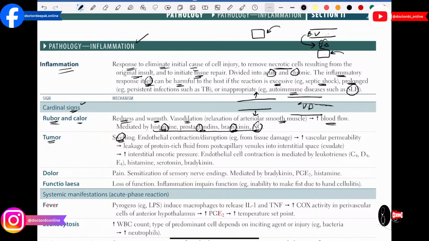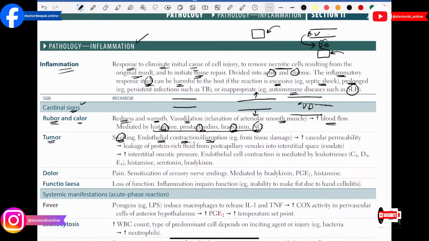So here they mention when there is inflammation, let's suppose this is the blood vessel. When there is inflammation, first of all, you guys have to understand the first thing that happens is damage of endothelial cells in your tissue. When the tissue damage occurs, your endothelial cells will contract or be disrupted. So when your endothelial cells contract and are disrupted, your blood vessel permeability will become disrupted.